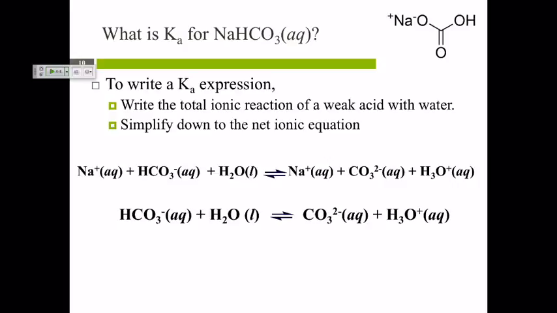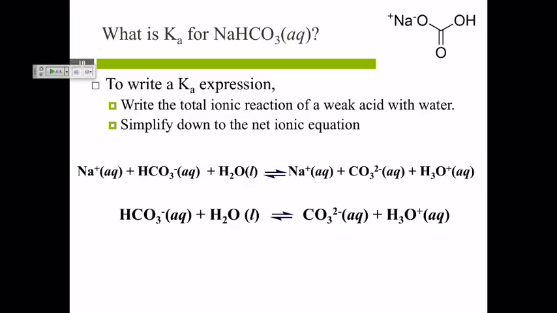Sarah, can you read out what you have for your Ka expression? Can you please read it? Yeah, I have Kc equals concentration of CO3 times concentration of H3O. So I don't know why both of you are leaving out your charges. So either say the name of the polyatomic ion or say the full thing with the charge.